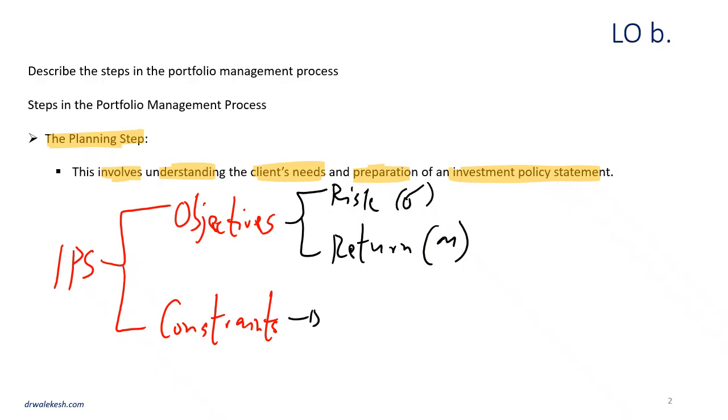When it comes to the constraints, I remember with liquid, legal, uniqueness... you have to discuss with the client, as a client's portfolio manager or advisor, the liquidity of the fund. A client would let you know how frequently they want funds.